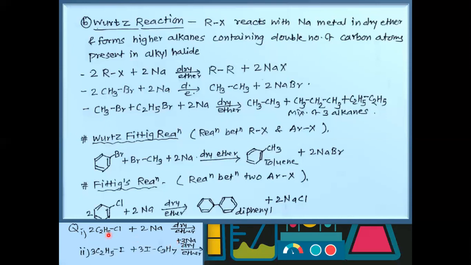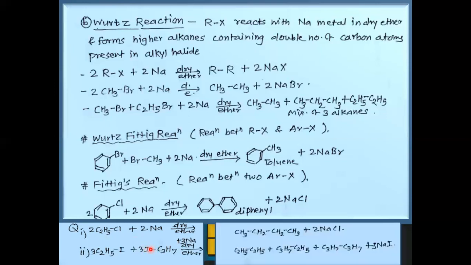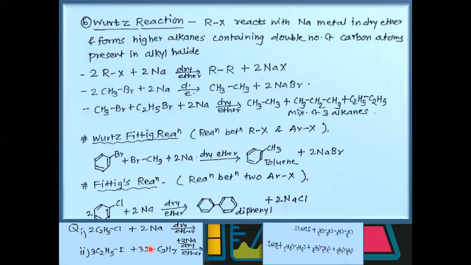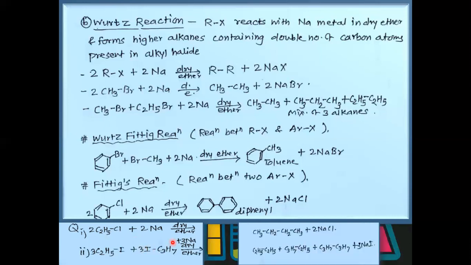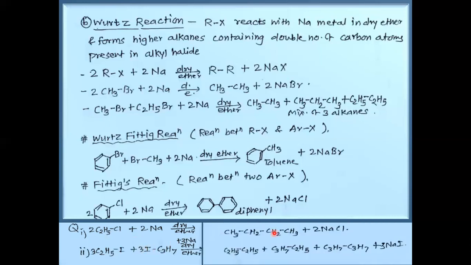Here butane formation takes place, and here a mixture of 3 alkanes is obtained. CH3, CH2, CH2, CH3 plus 2 NaCl, butane, n-butane. And here, ethyl with itself gives butane.